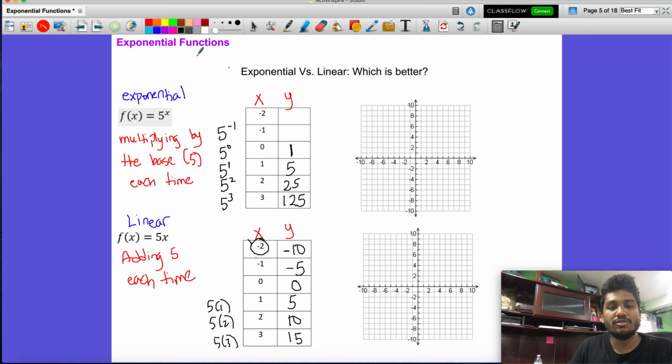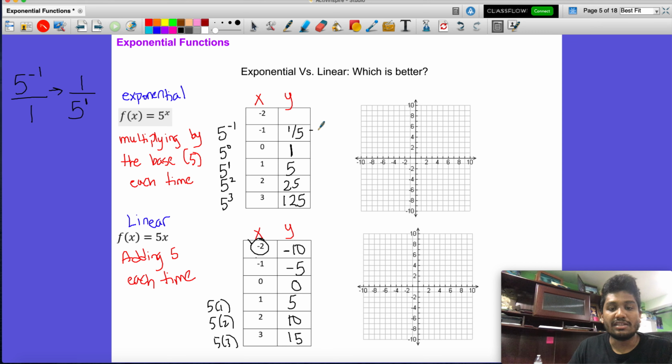5 to the negative first, which we can actually do here. Whenever you have a negative exponent, we're going to go ahead and just put this over 1. Okay? Then we're going to flip it. And as you're flipping it, this exponent will become positive. So 5 to the first was just 5, so this would be 1 over 5. Okay?